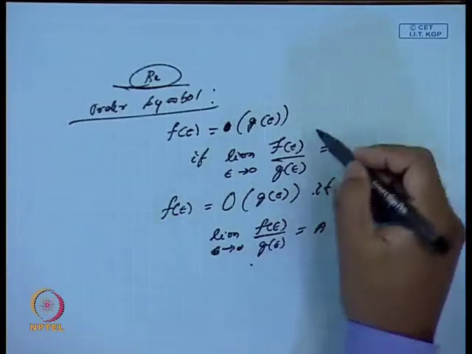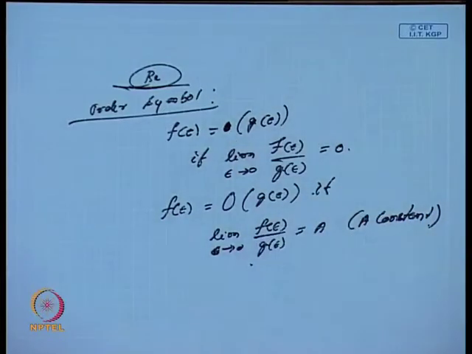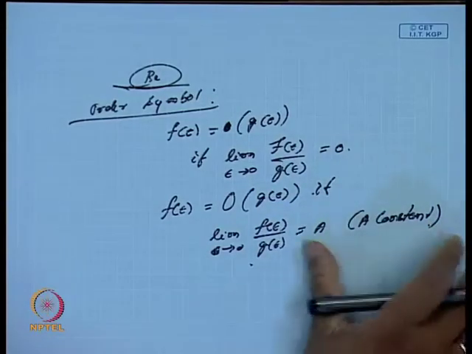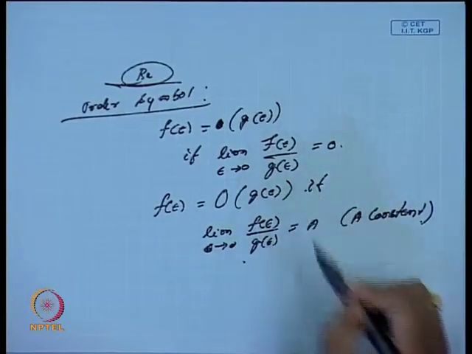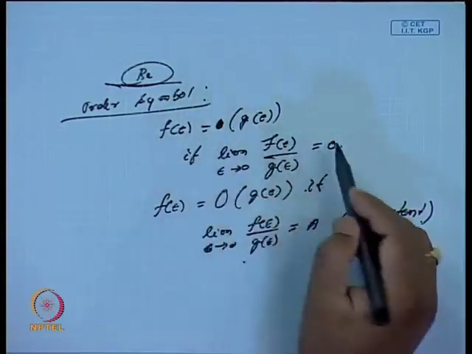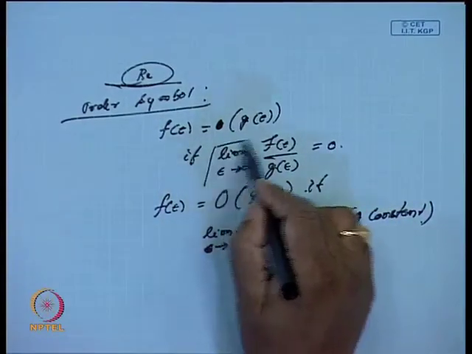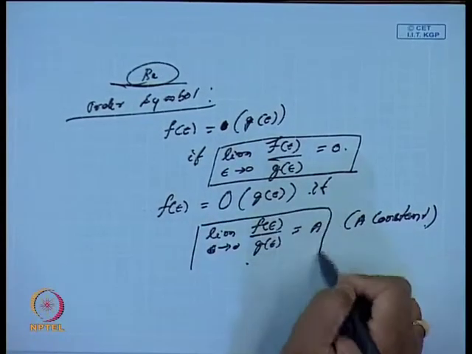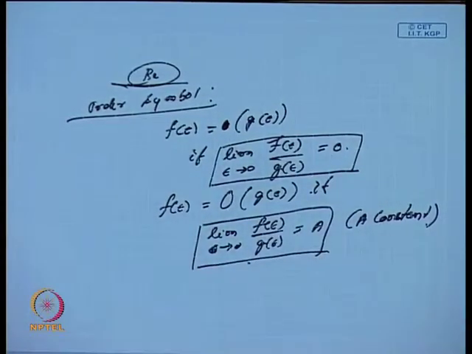So this is the basic difference between small o and capital O. While discussing the derivation of the boundary layer equation, we will come across small o and capital O very frequently. This is a very important notation in mathematics as well.